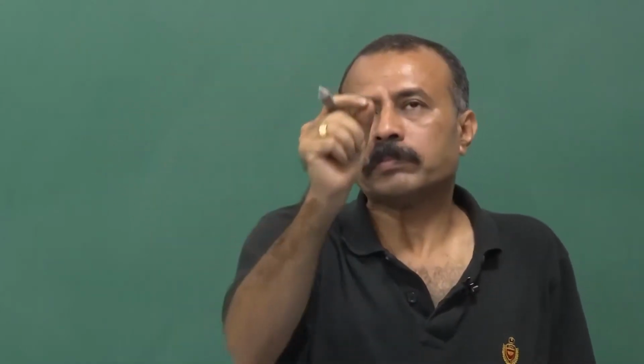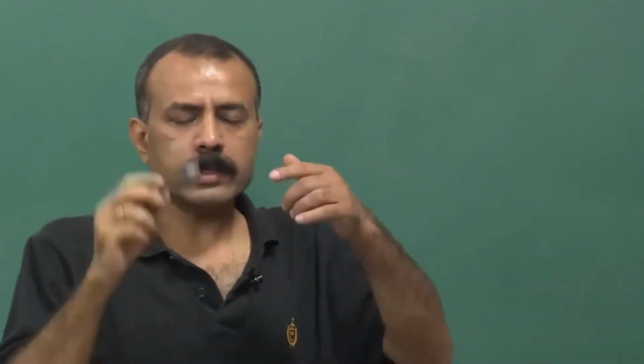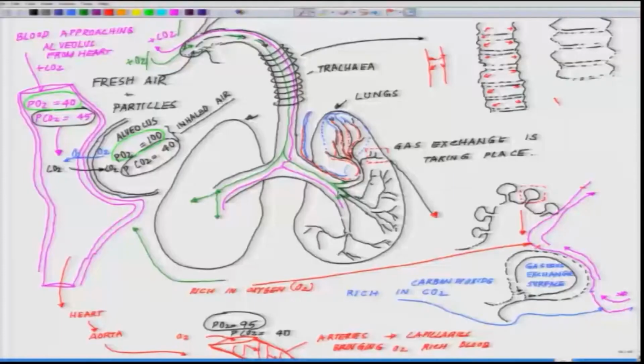So, this architectural thing should be clear to you. A lot of change is taking place, and it's a continuous structure with two different colors, the one which is bringing the blood, the one which is taking it back.